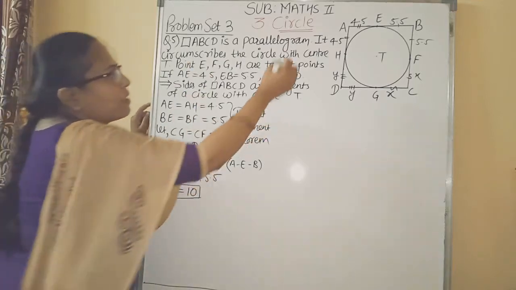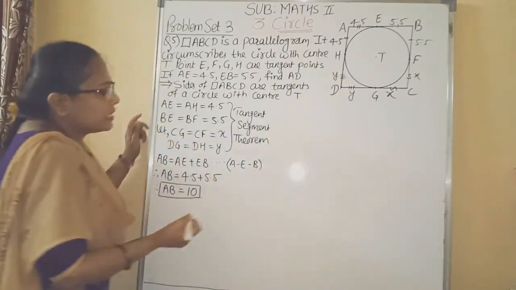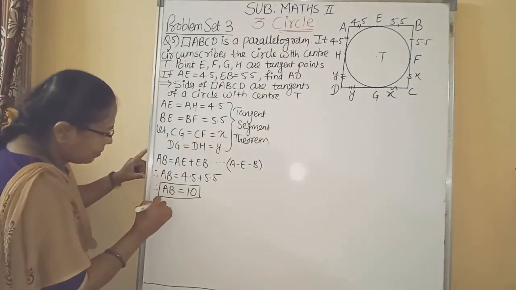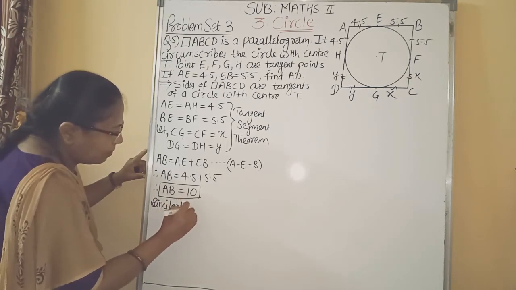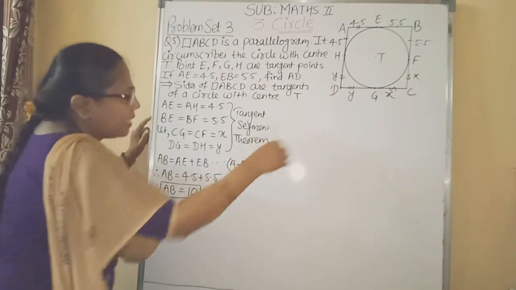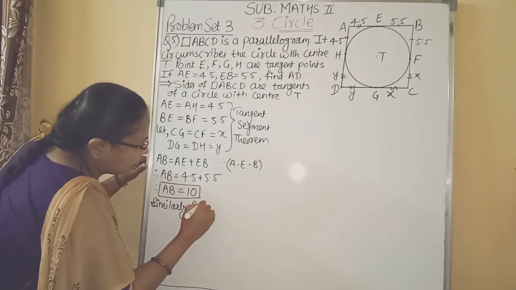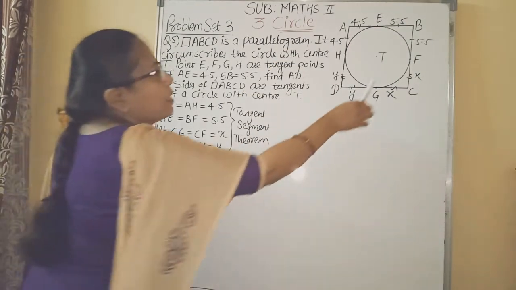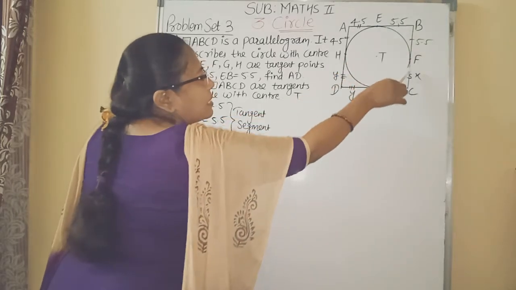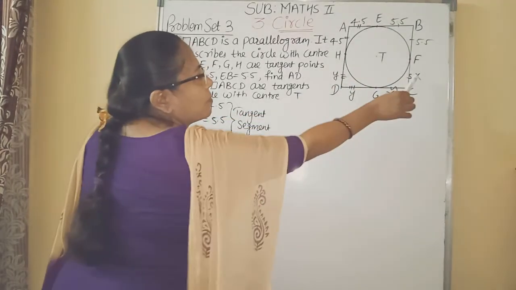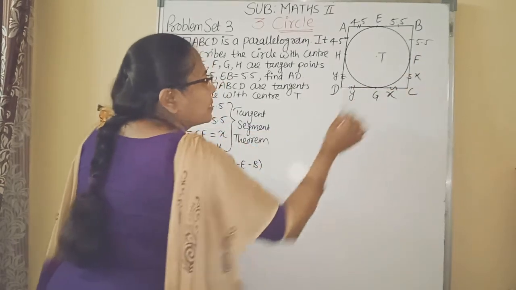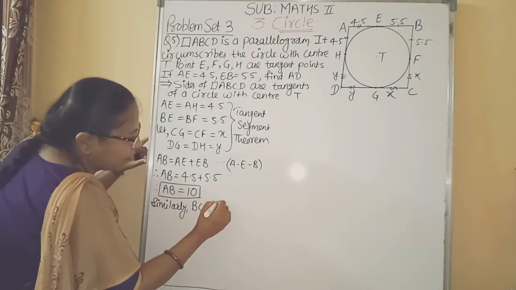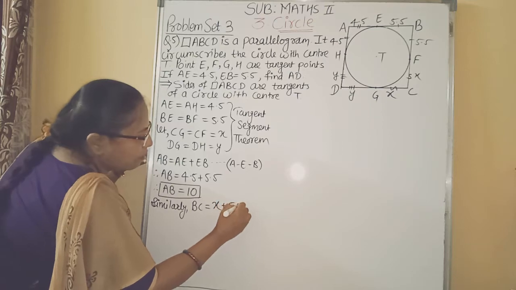Now, similarly, we can find the length of each side. BC equal to, now from the figure you can tell me, BC equal to how much? x plus 5.5 or 5.5 plus x. Anyway you can write x plus 5.5.